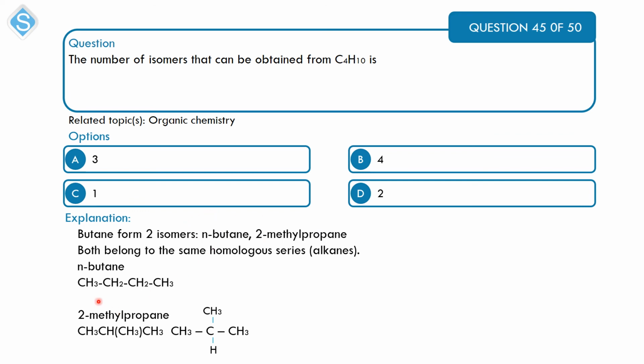The n-butane is the normal butane where you have 3 or 2 hydrogen atoms only attached to the carbon atoms, while the second isomer, which is 2-methylpropane, is where you have one of the CH3 acting as a substituent on the second carbon atom. So this is 2-methylpropane, propane because this is 1, 2, 3. And this here is methyl, so you have 2 because on the second carbon atom, so you have 2-methylpropane, while this is the normal butane, n-butane. Option D is the correct option.